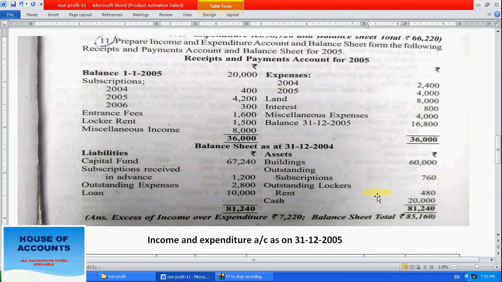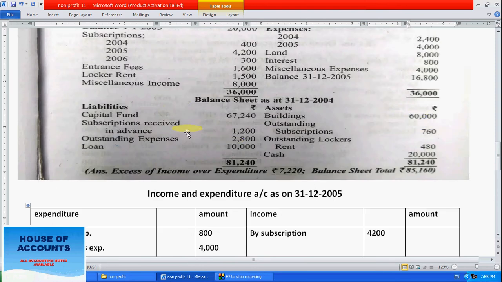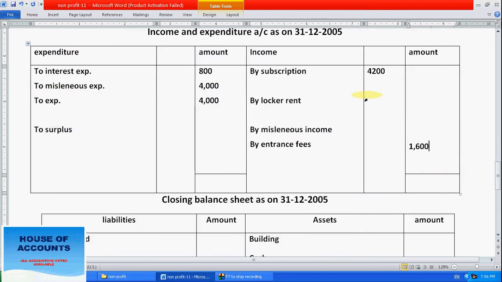Entrance fees is there but not lecture fees. How much is entrance fees overall? 1600. Because there is no life membership fee; if any life membership were given here, then we would think about it, but entrance fees is income. Locker rent 1500 income. Miscellaneous income 8,000. Locker rent, how much? 1500.